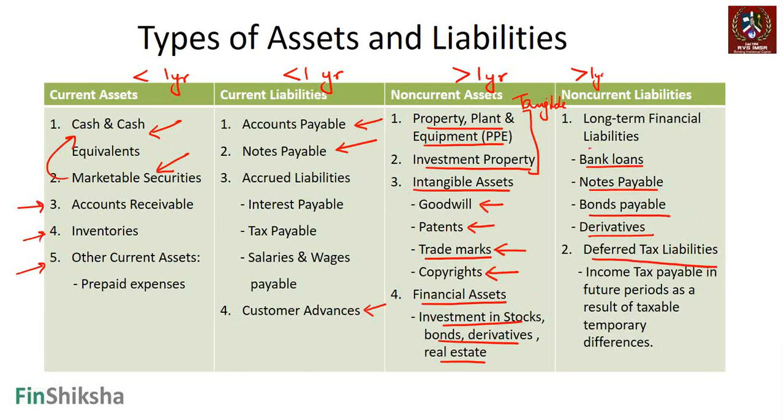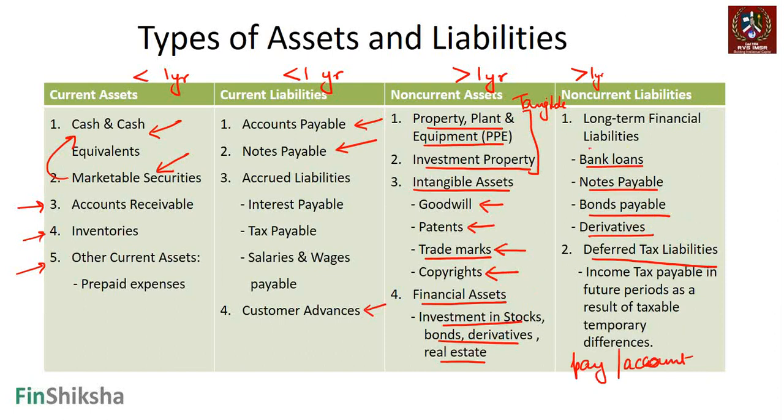Now, what happens is sometimes the companies pay and account for income tax separately. I'll give you an example in one of the subsequent sections about deferred tax liability and deferred tax asset.